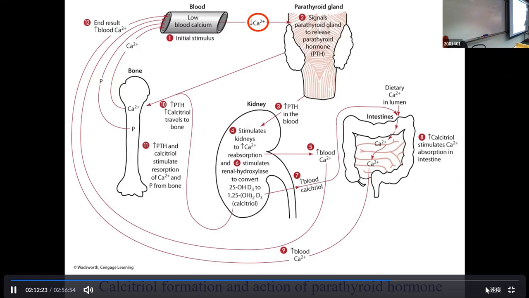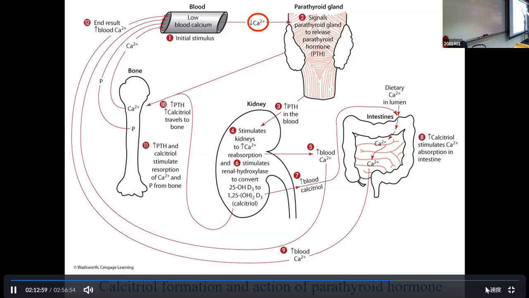As I said, we have the ability to tightly control your blood calcium, which we showed you in the previous slides. So in the event that there is a decrease in calcium, when the calcium concentration deviates from the normal level, it will trigger the parathyroid gland, which has a sensor that detects calcium concentration in the blood.